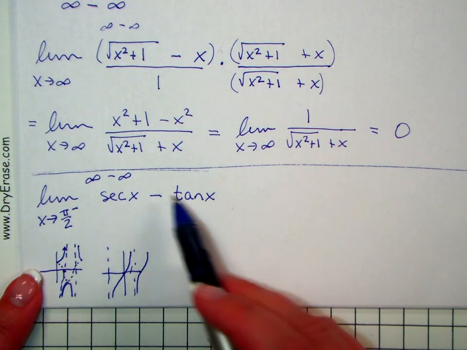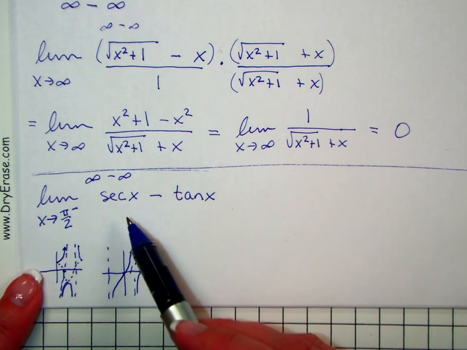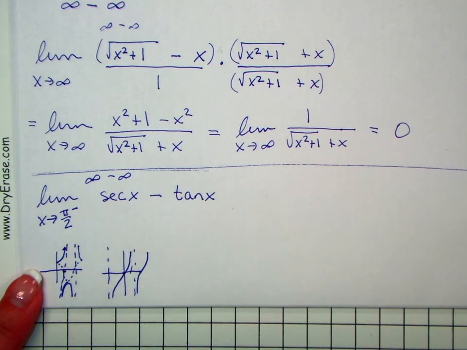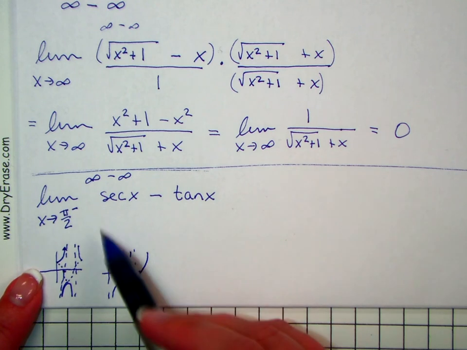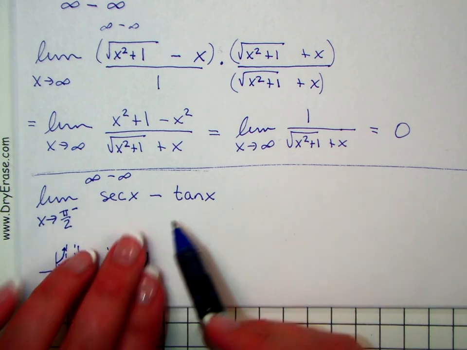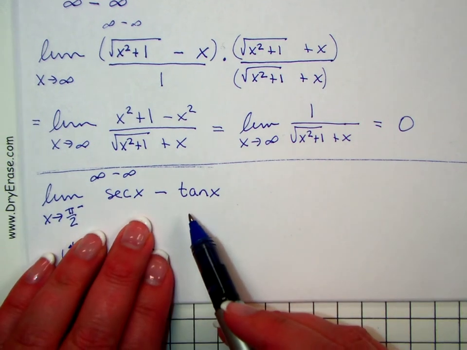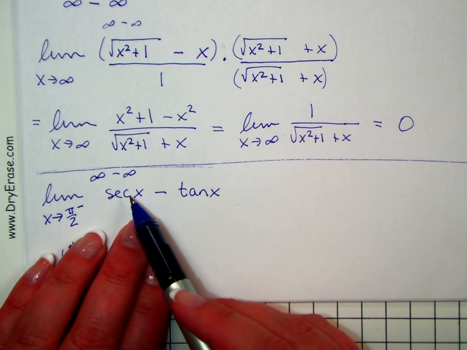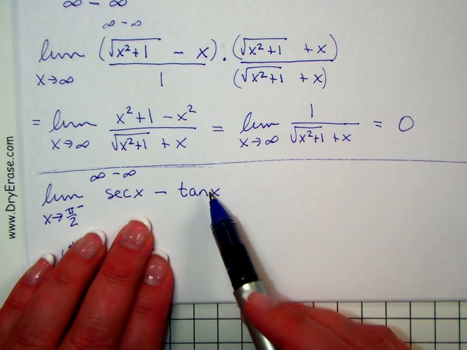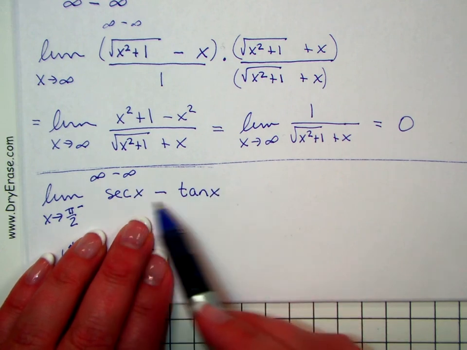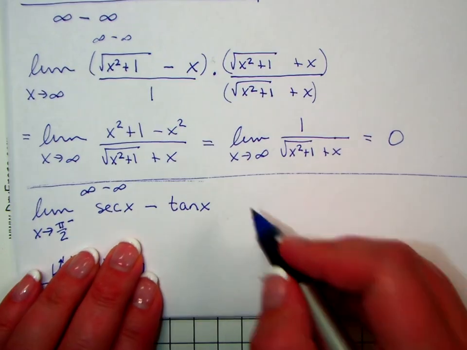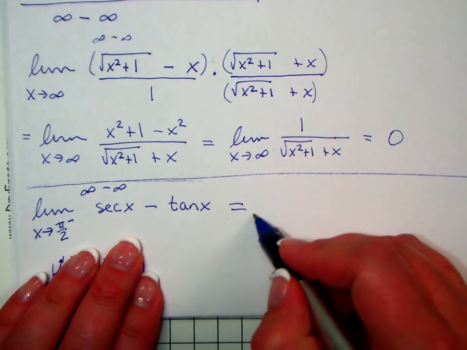Now instead of doing a conjugate here, I'm going to write these in terms of sine and cosine and see what happens. I'm just going to change the form because I got to get it into a quotient if I ever want to use L'Hopital's rule. So I know secant is 1 over cosine. I know tangent is sine over cosine, so both of those are a quotient, and I just think it's a step in the right direction.